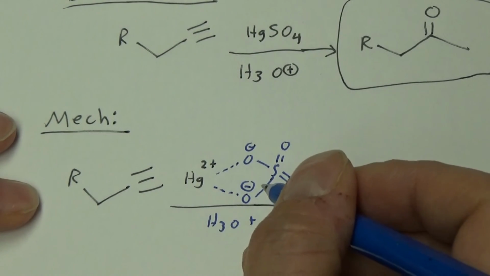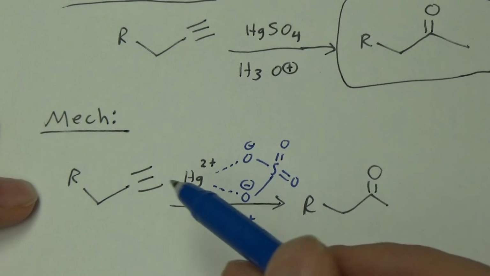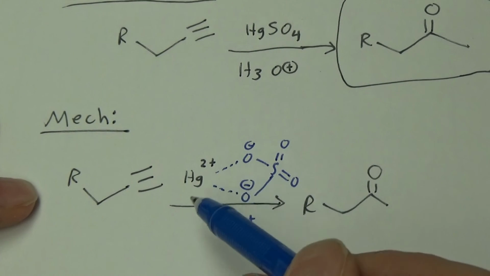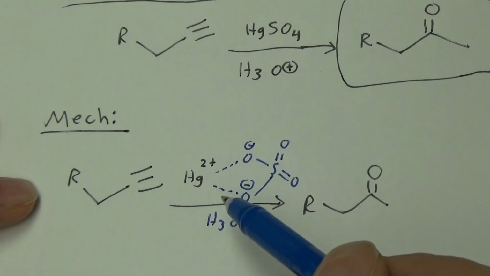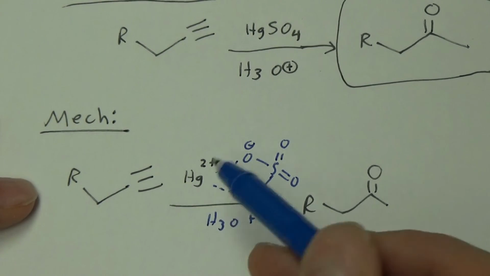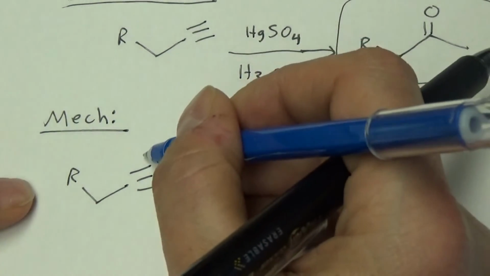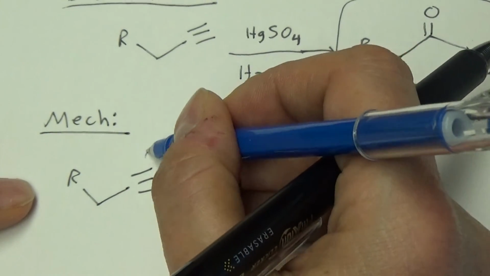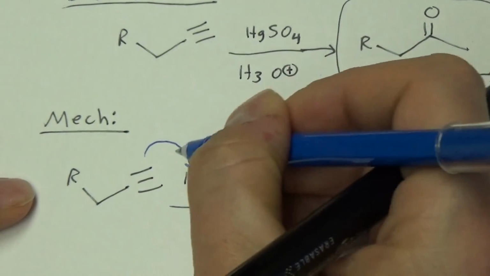So what is the alkyne going to do to this crazy molecule? Well, just like in the alkene reactions, the alkyne attacks the mercury, sort of like this.